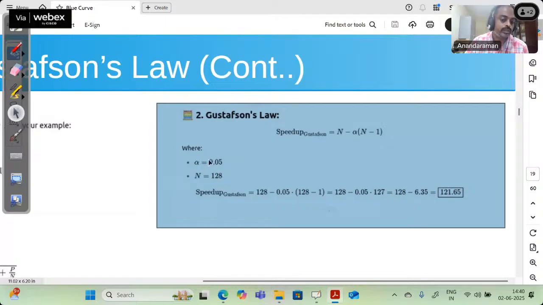Alpha is the serial part, 0.05. So if you apply 128 minus 0.05 into (128 minus 1), it becomes 121.65 times faster. As per Amdahl's law, it is only 17 point something. But as per Gustafson law, it is 121.65 times faster.